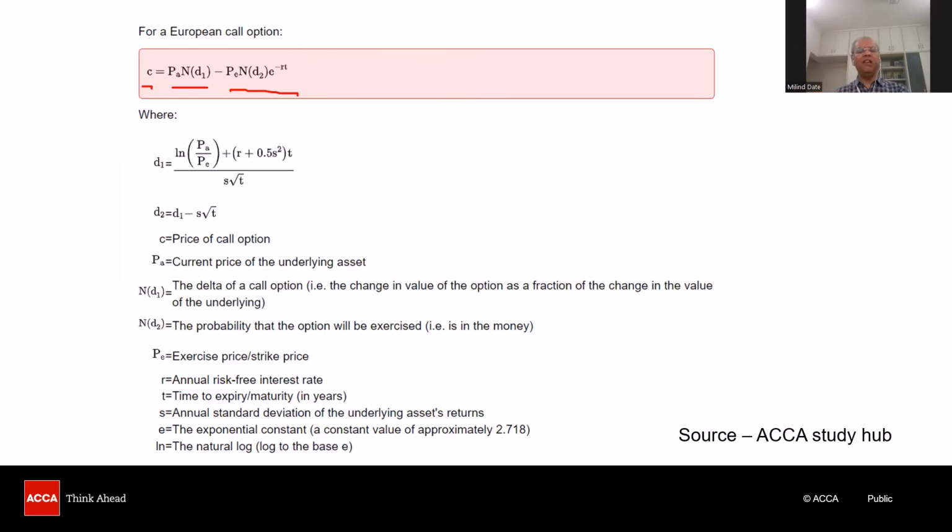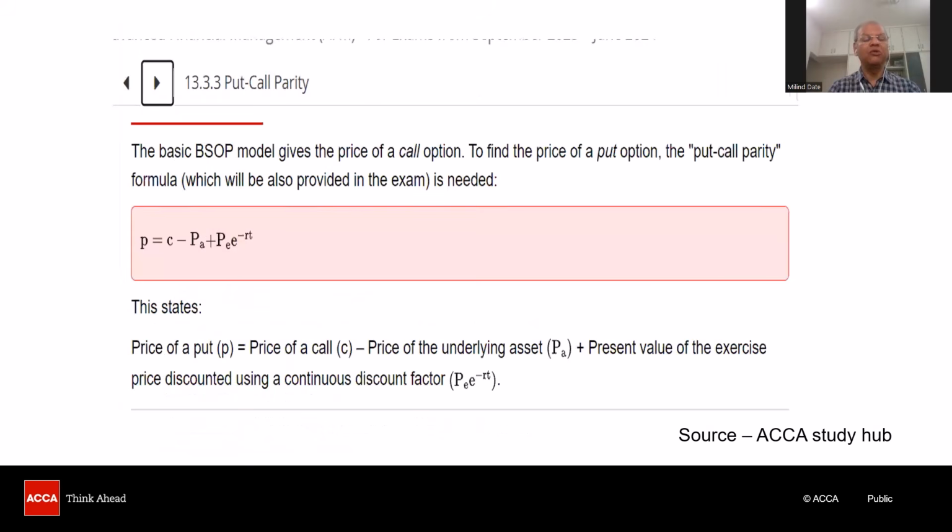While this formula will help you only in calculating the value of a call, subsequently, there has been a call-put parity theorem which will help you to quickly calculate the value of a put given a value of a call using the similar variables. So even the call-put parity formula is mentioned to you in the examination.